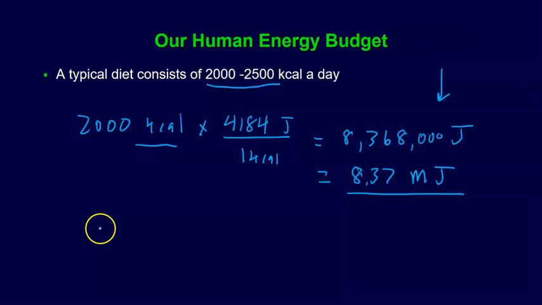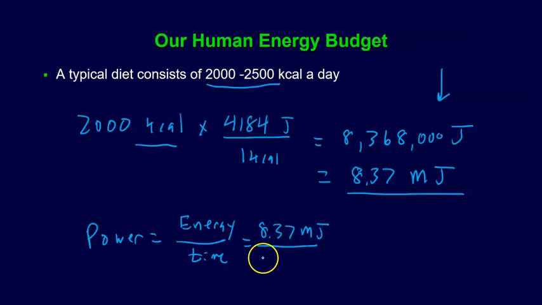And one thing that's kind of interesting is to look at what the power output of a human being is. And so what is power? Well, it's energy divided by time. And so in this case, it's going to be 8.37 megajoules divided by 24 hours.